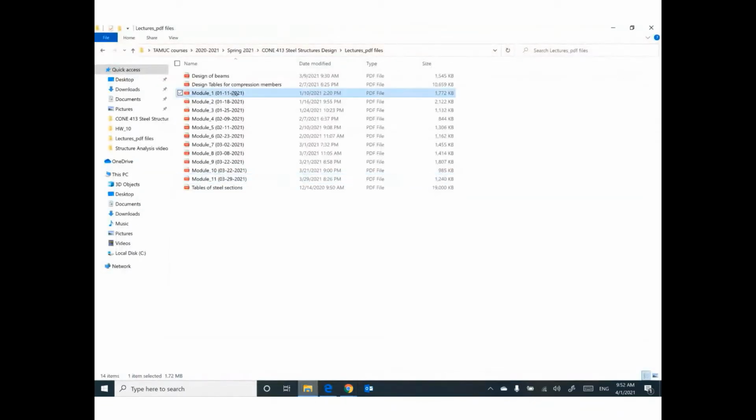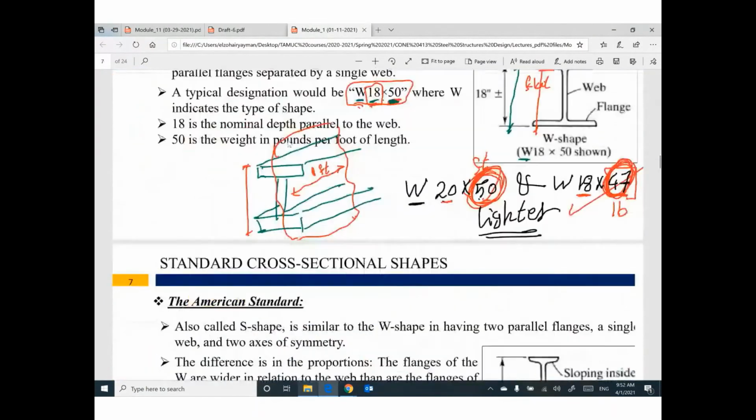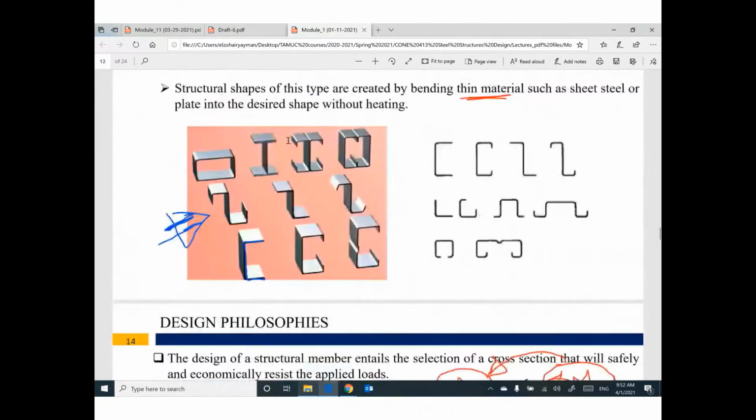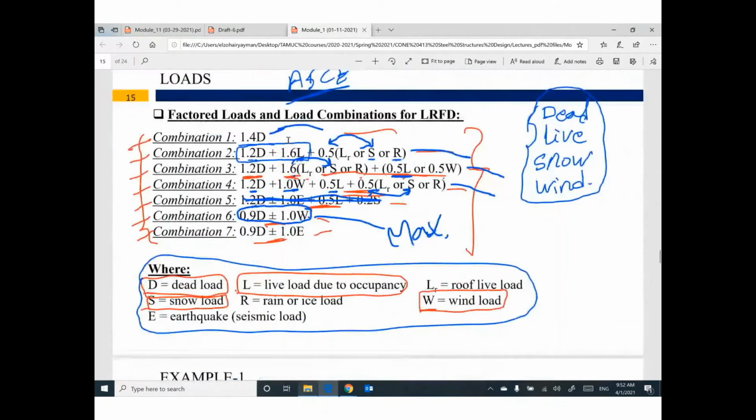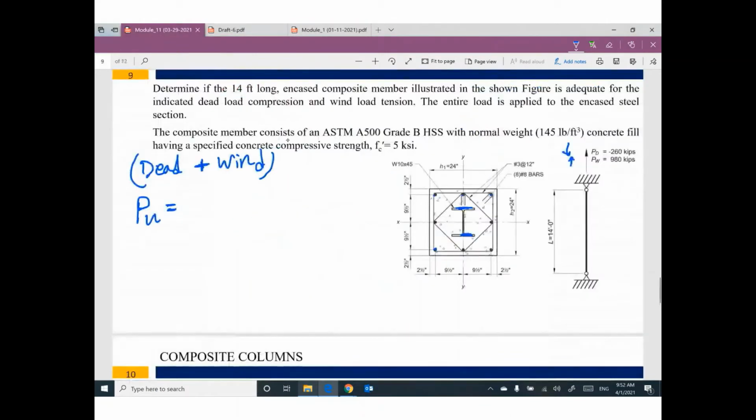I will open my first module and search for load combination between wind and dead only. Do you have here a combination between dead and wind only? I think the first one, no. The second one, yes. Probably 1.2 dead plus 0.5 wind. Okay. So the first one, 1.2 dead plus 0.5 wind.